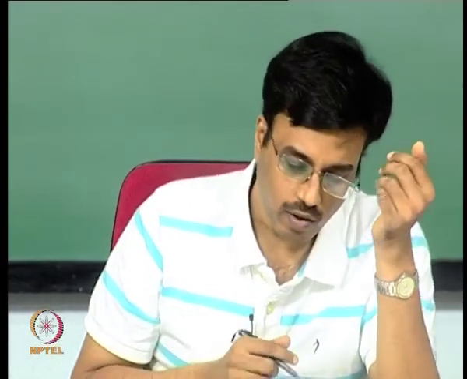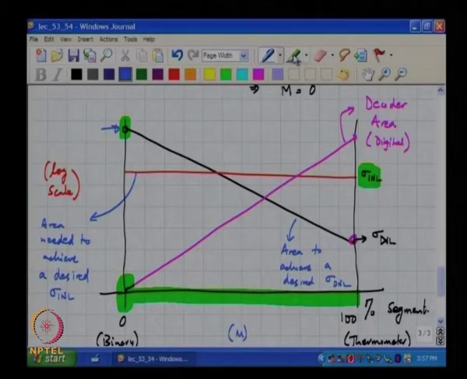Then we say, okay, I am going to start segmenting, and as I keep moving from here to the right, we see that the area needed to achieve the sigma DNL keeps reducing. At some point it will intersect the area needed to achieve the given sigma INL. If I attempt to segment it further, what happens?